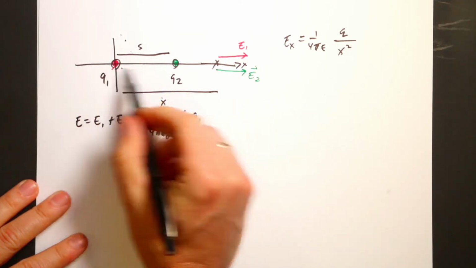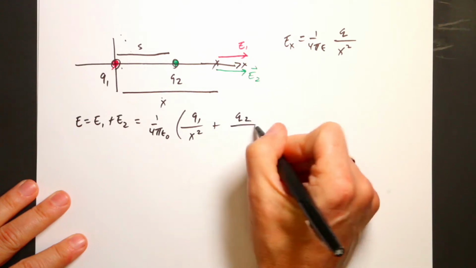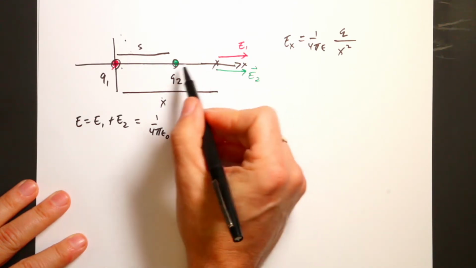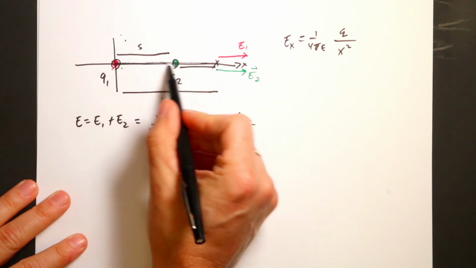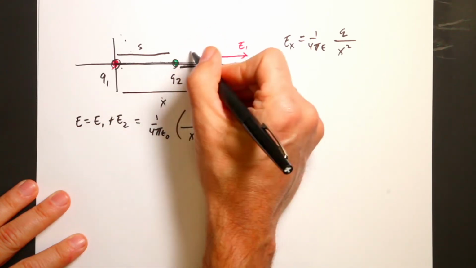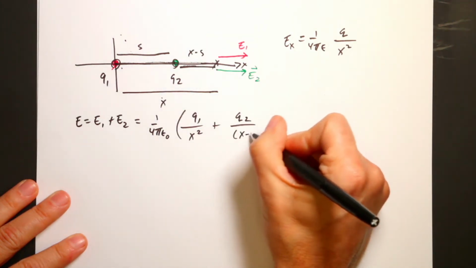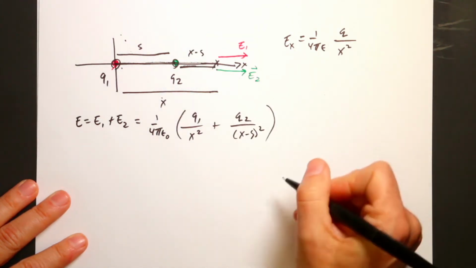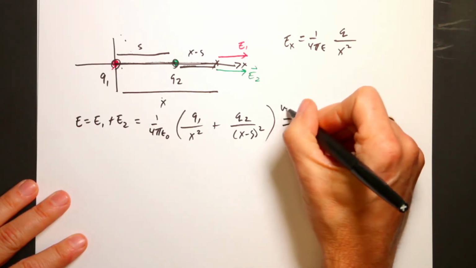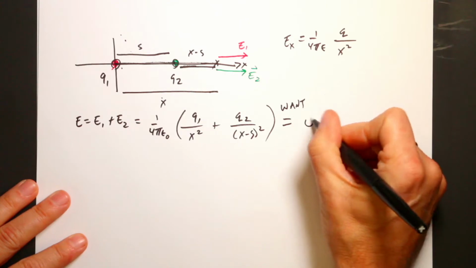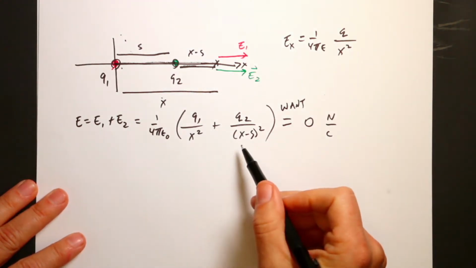Q1 over X squared plus Q2 over, not X squared, because what's this distance right here? If this distance is X and this distance is S, this is X minus S. So this is going to be X minus S quantity squared. Now I want that to be equal to 0. I'll put want. Newtons per coulomb.